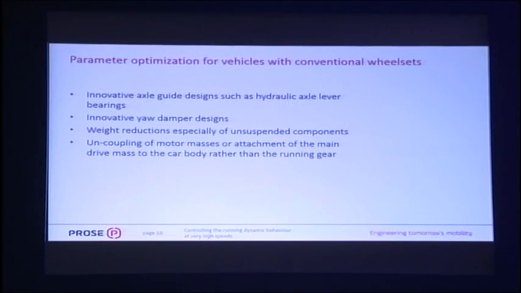You could use innovative yaw damper designs. I will come back later to that. Or in general, you could reduce the weight of your unsuspended components, or you even could put your motor to the car body rather than have it in the running gear. All this reduces the masses and consequently the forces.